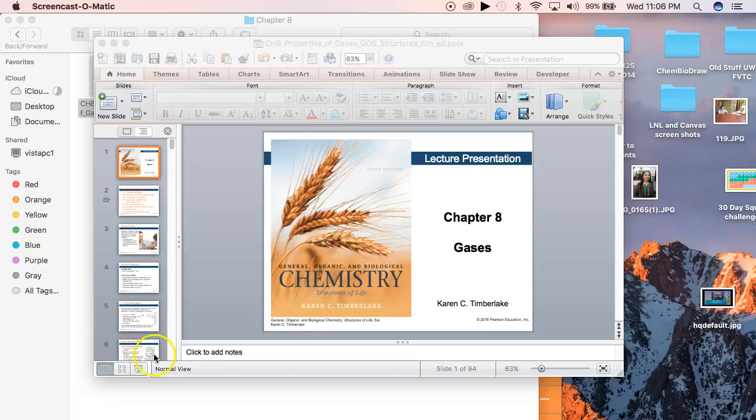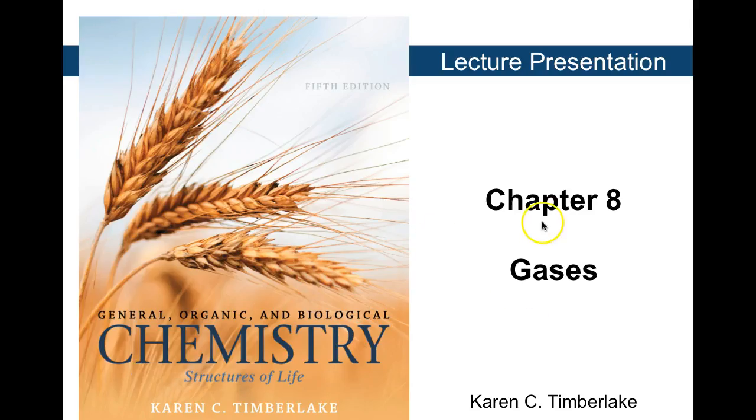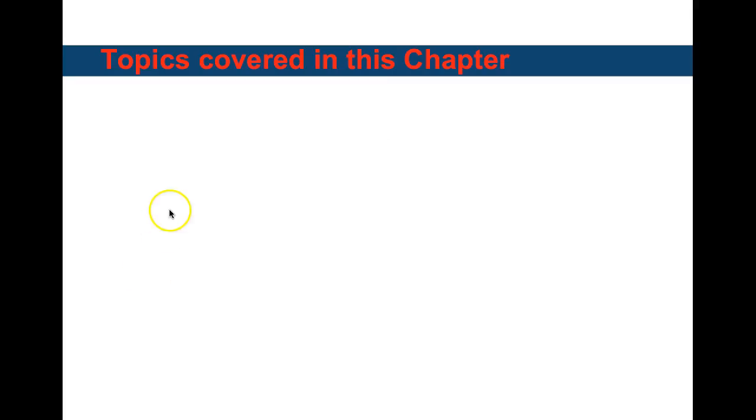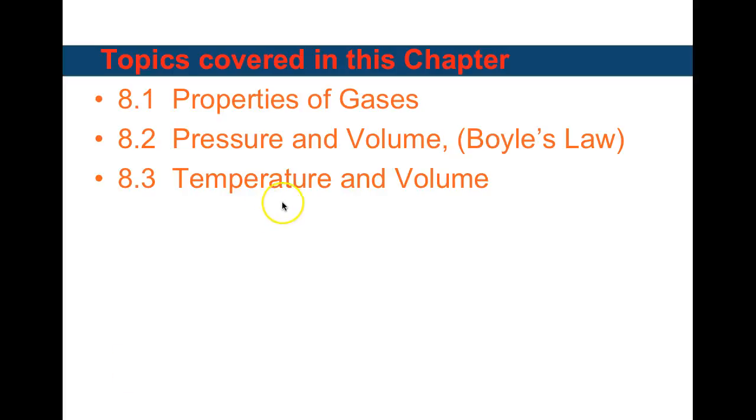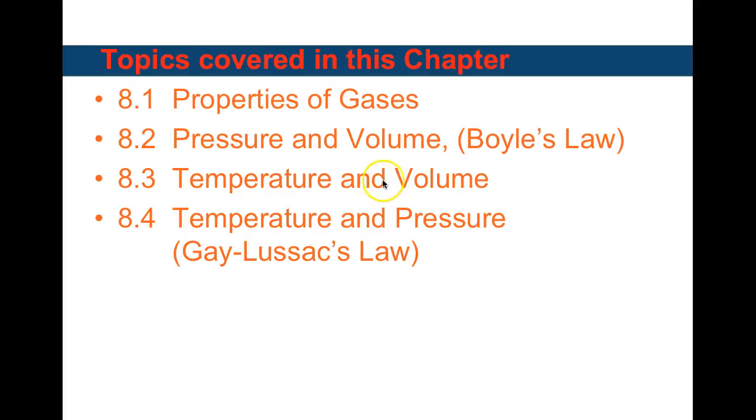Right, in this video, we're going to be discussing Chapter 8, Gases, and the topics that we're going to be covering in this chapter are properties of gases, the first section, 8.1, and then the pressure and volume relationship, which is also called Boyle's law, and then the temperature volume relationship, that's referred to as Charles' law, and the temperature pressure, which is Gay-Lussac's law.